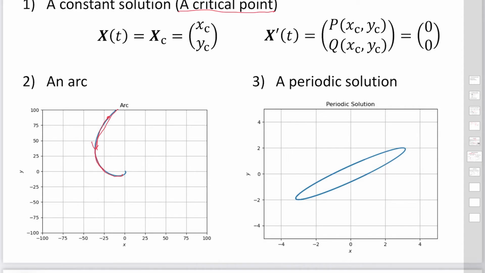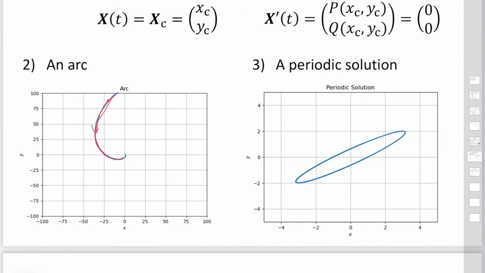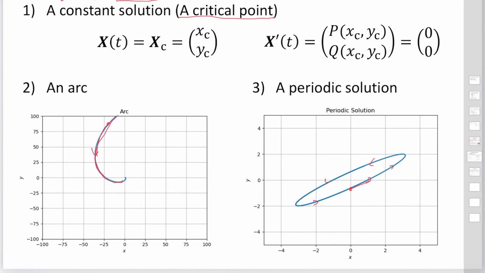So this is another type of solution, the arc. Another solution is a periodic solution. A particle moves around a closed curve. If the particle starts here, it moves around and returns to the original point. So this is a periodic solution. So we can have three types of solutions.